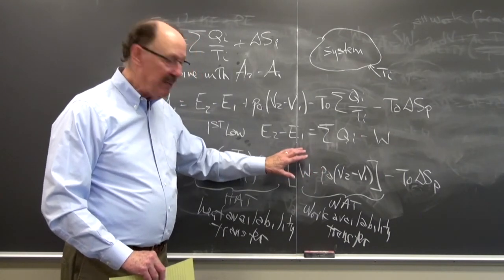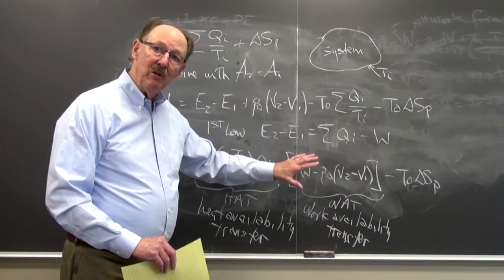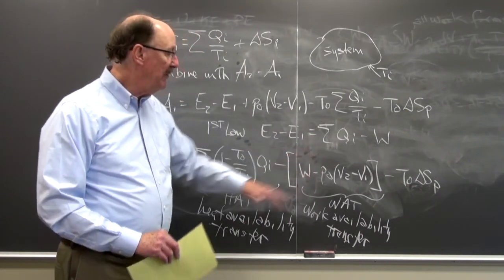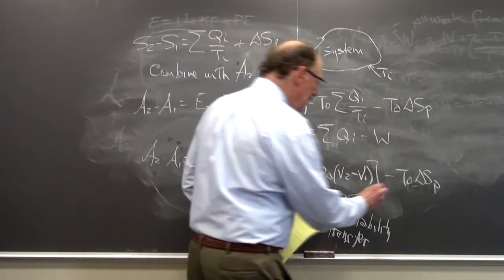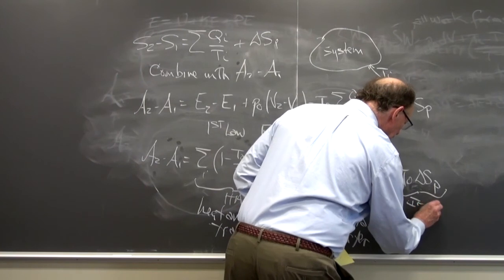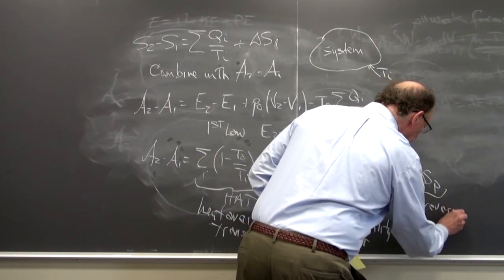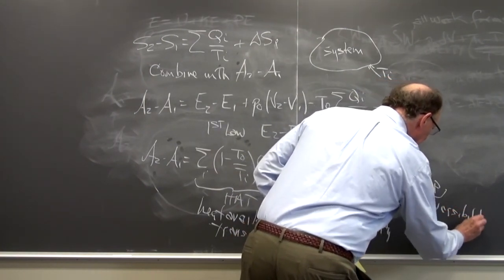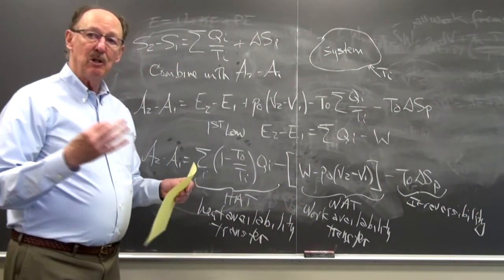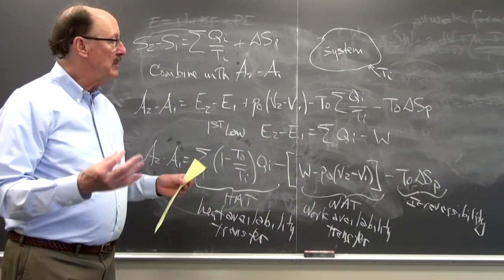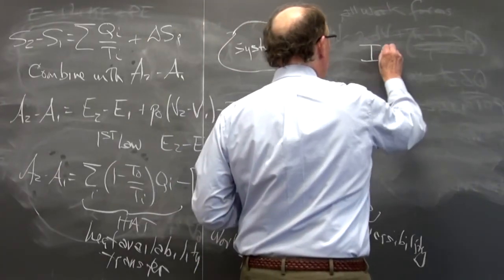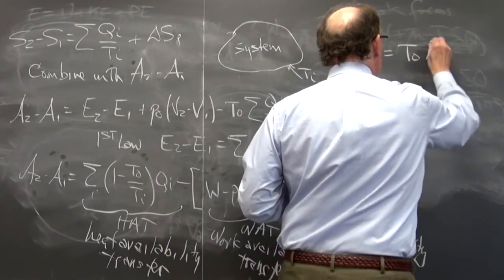So the change in the availability has to do with the work potential. And so work is 100% work potential. And this term over here is the irreversibility. So the irreversibility is the loss of work potential. So this I, we talked about I, is equal to T0 del SP.